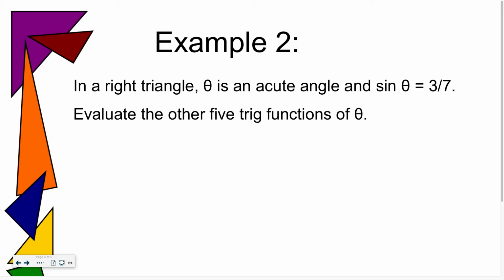And the sine of theta is 3 over 7. Evaluate the other 5 trig functions or trig ratios of theta. I'm going to let your groups brainstorm what you might do first. Have a conversation with your groups. If you know that the sine of theta is 3 over 7, what are you going to do?